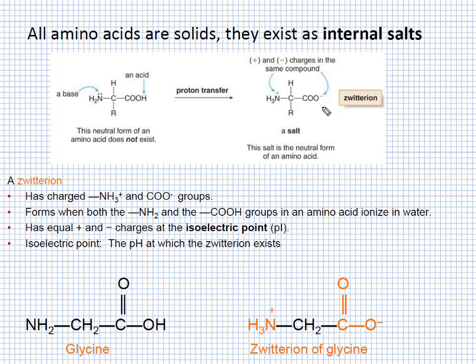And what that means is we could have another amino acid forming an ionic bond between, here's the ammonium of one amino acid, the carboxylate of another, or the carboxylate of one amino acid forming an ionic bond to the amino group of another.